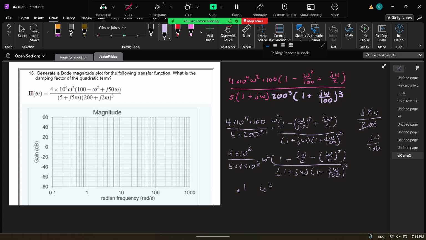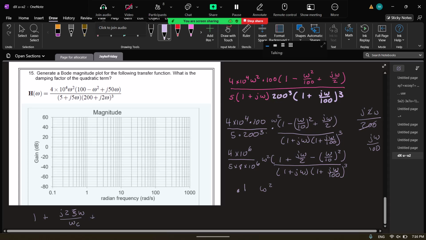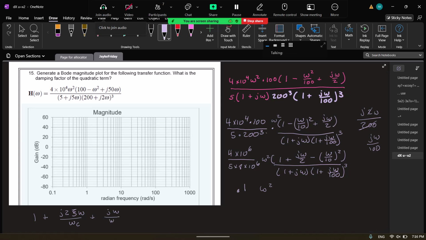So my quadratic zero is supposed to be of the form 1 plus j2 zeta omega over omega c plus j omega over omega c squared. That is the form for the quadratic zero. So that can tell me what my corner frequency is, and it'll also help me figure out my damping factor.